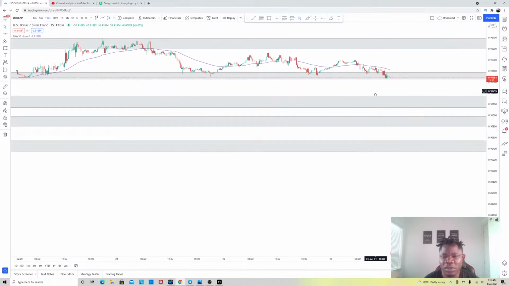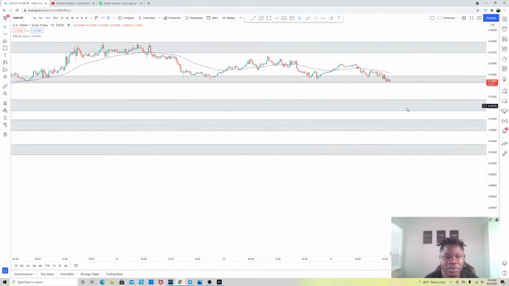So looking at USD CHF here, this is on the higher time frame. And here on the lower time frame, USD CHF is currently coming down.